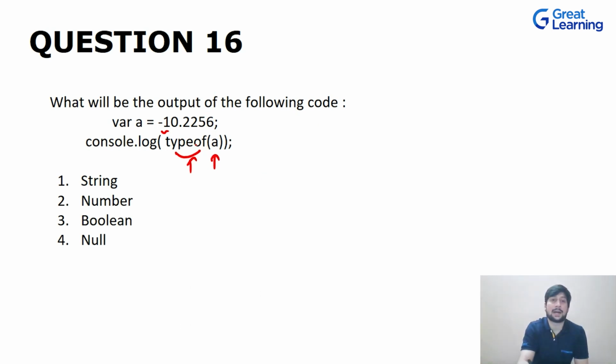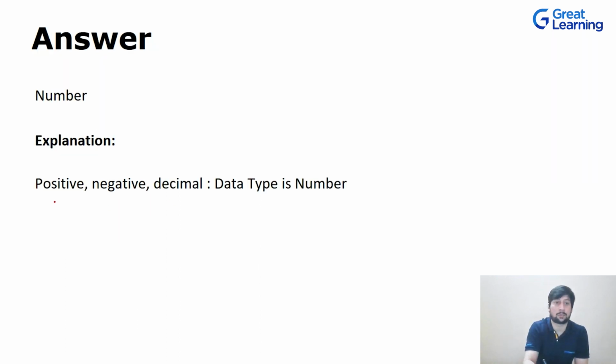Since it is a number and it's a negative number and it's a decimal number, we don't have anything explicit for these types of number, and all of these will fall under number data type. So obviously it is not a string, it is not a boolean, it is not a null, because you have defined something in it. So the correct option is number. Again, positive, negative, decimal all will fall under this data type, that is number.